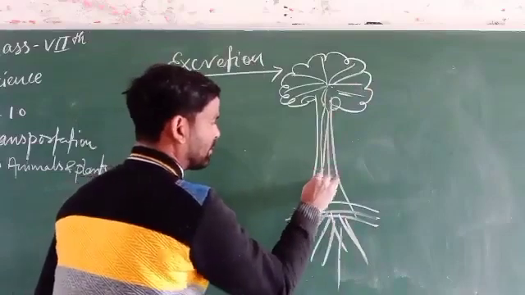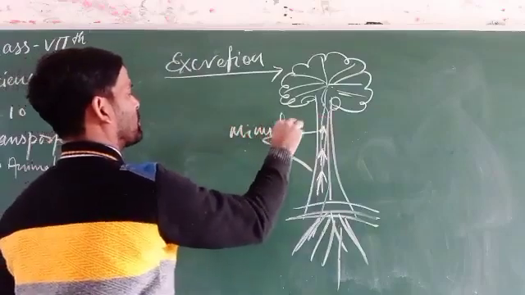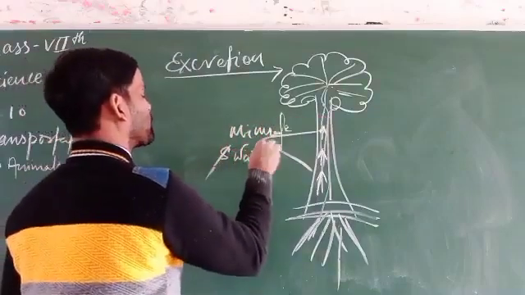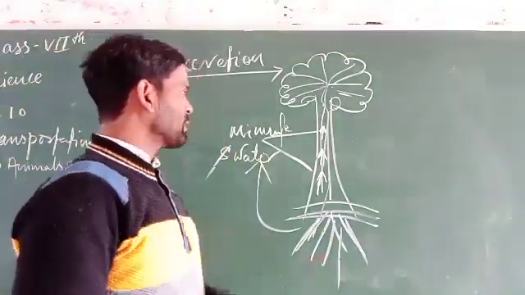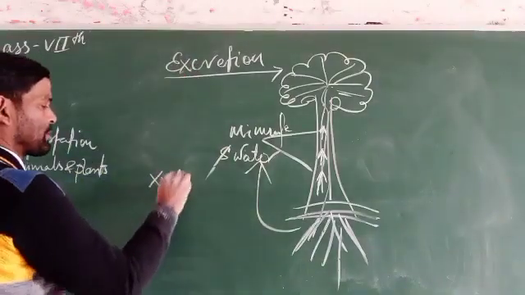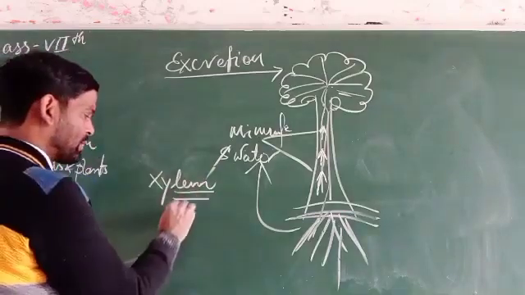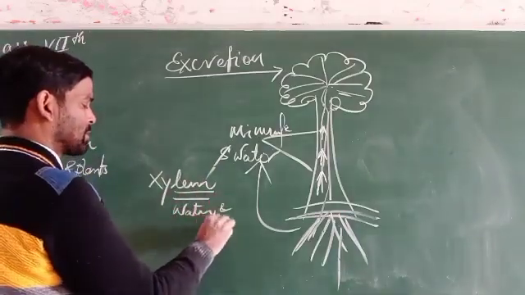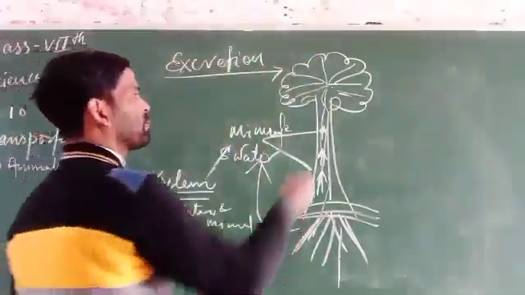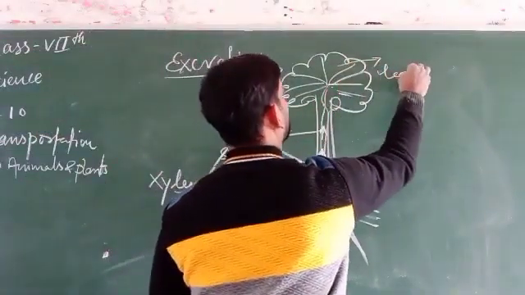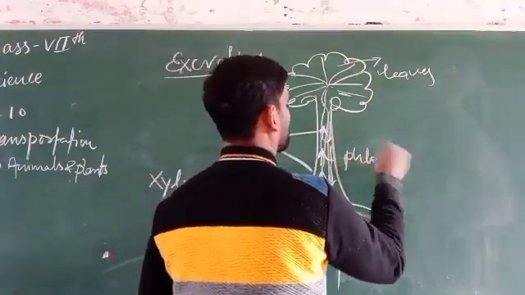Minerals and water have to be supplied from the bottom to the top, or to the whole parts of the body, by a very special structure which is called xylem. So xylem carries the water and minerals to the whole parts of the body, and the prepared food from the leaves has to travel through the next structure, called phloem.